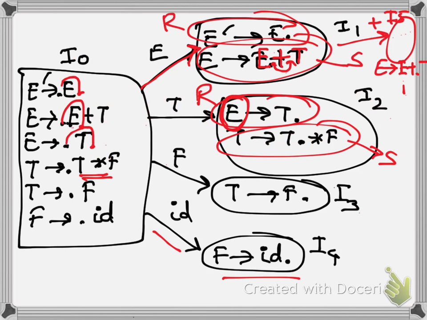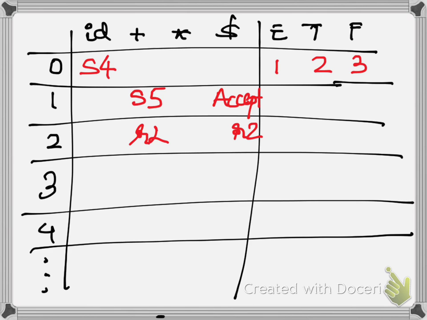Now here I also have a shift. This is a shift on star. On star, it may shift to some other state. Let me call it state number 6. So on star, it will shift to 6.